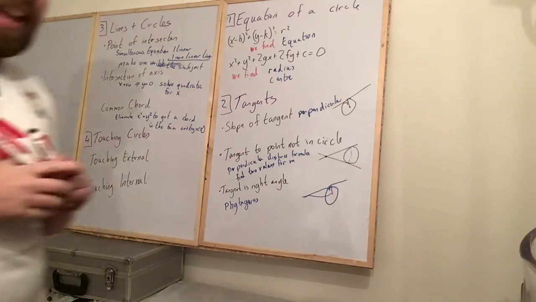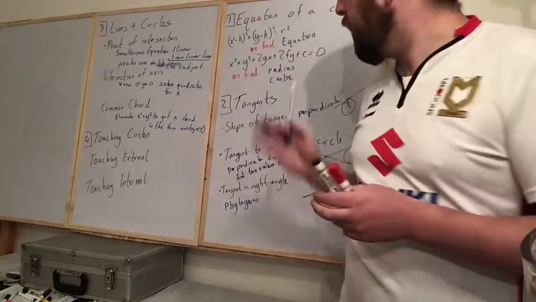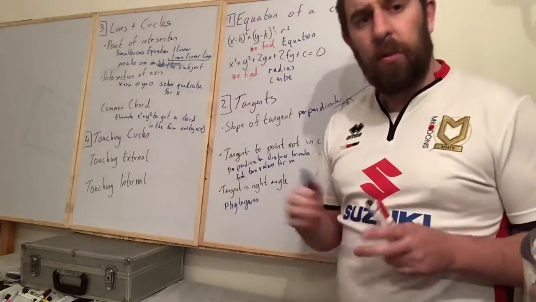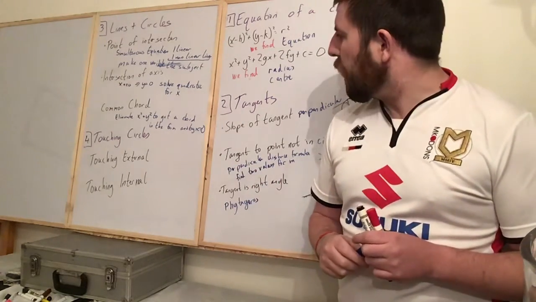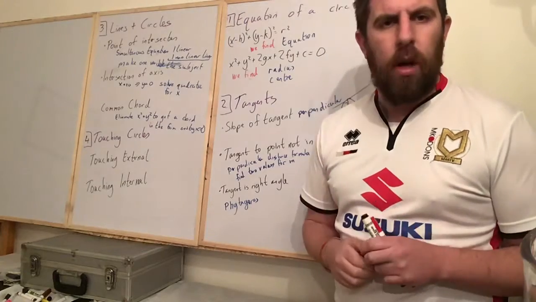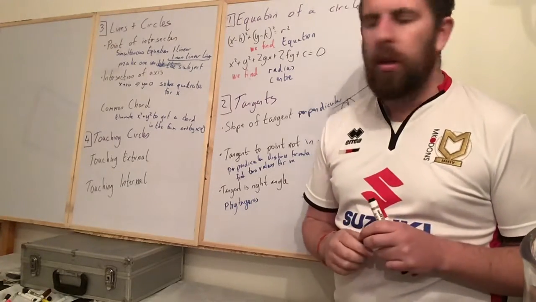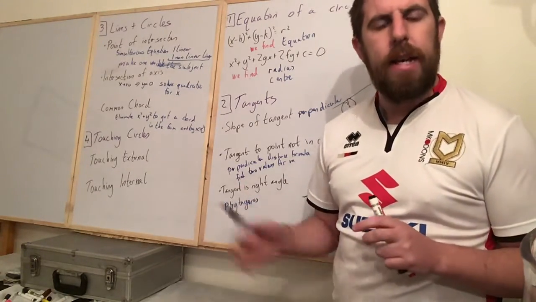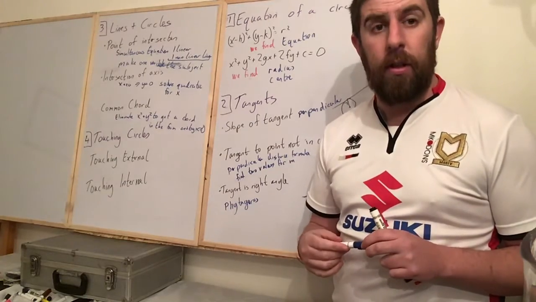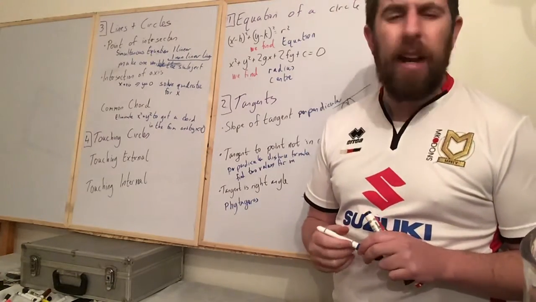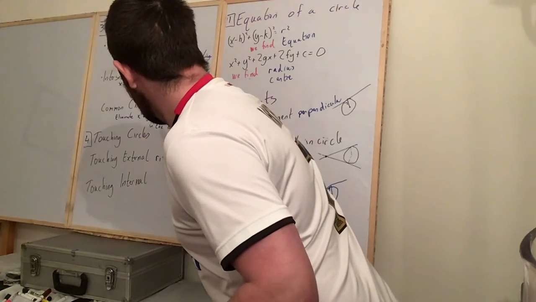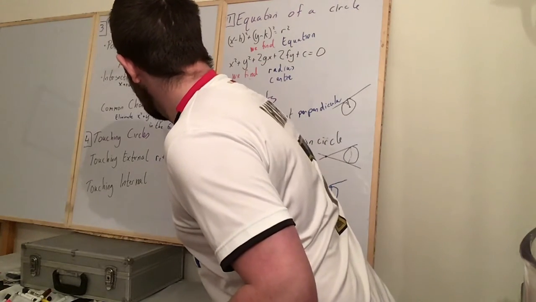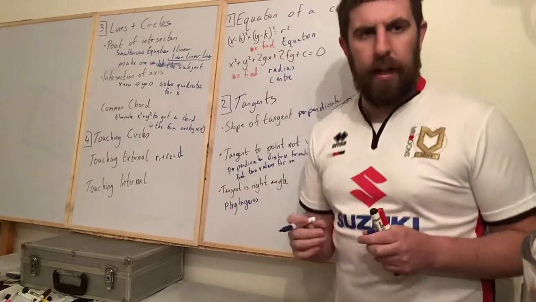Okay, and the last section in circles we're going to look at in this video is where we have two touching circles. So how we know that two circles touch externally is if the radius of the first circle plus the radius of the second circle, R1 plus R2, is the distance between the two centers.